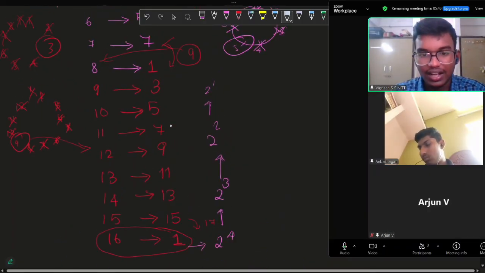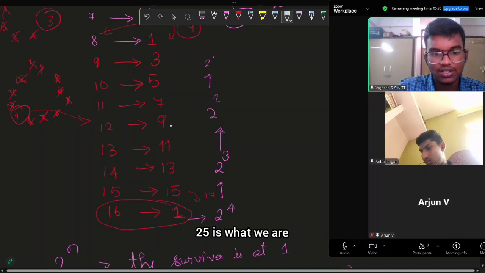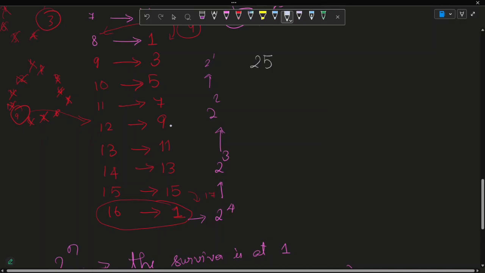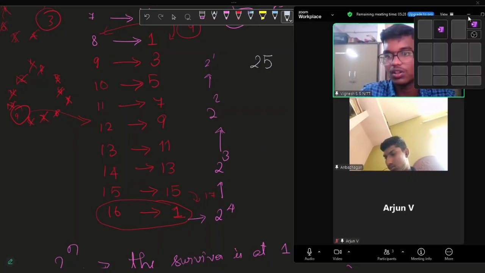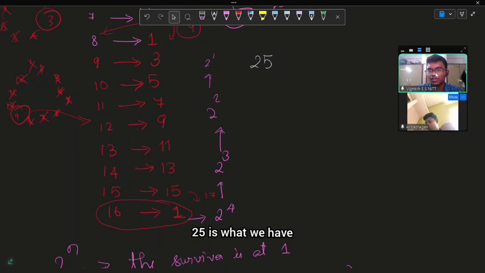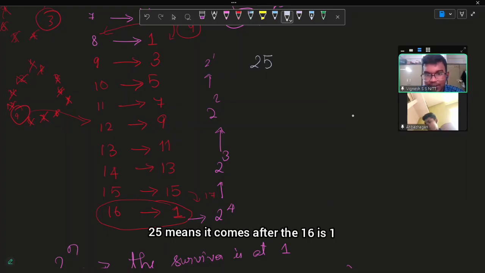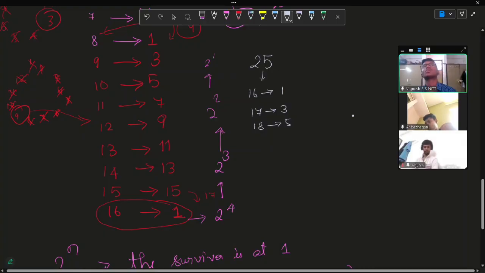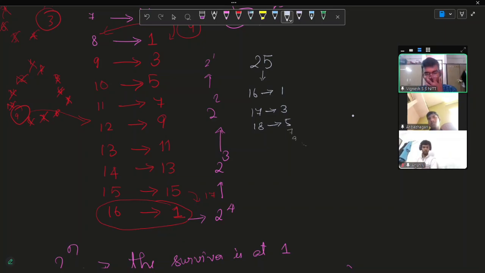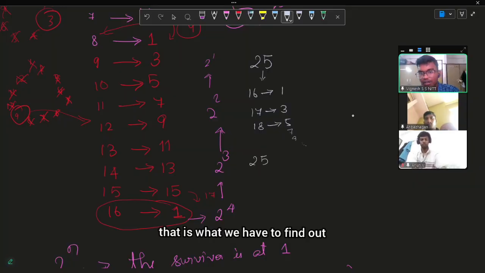So the number which I gave was 25. 25 means it comes after the 16 is 1. 17 is going to be 3. 18 is going to be 5, which means it is increasing. What you can observe from this is the odd sequence is starting 1, 3, 5, 7, 9. It is going like that. So somewhere the 25 comes. That is what we have to find out.